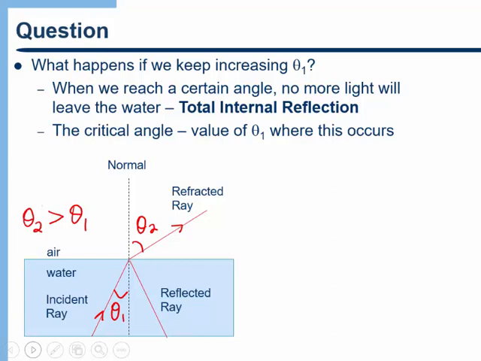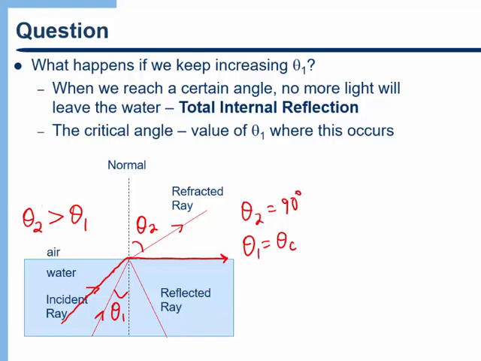We call this total internal reflection because what we find is when we get to a value of theta 1 where the light would be coming along the surface, and really what that means is the light's not coming out anymore. So when theta 2 equals 90 degrees, we say theta 1 is equal to the critical angle.